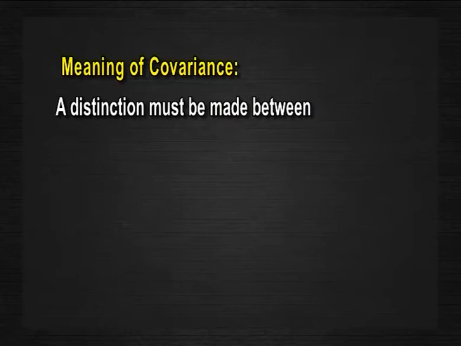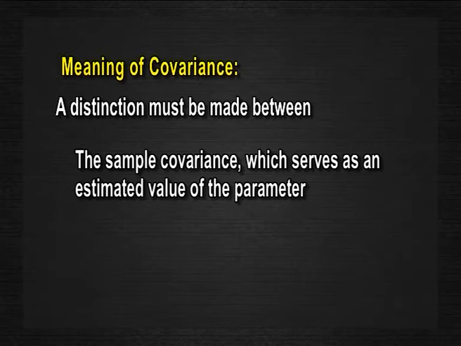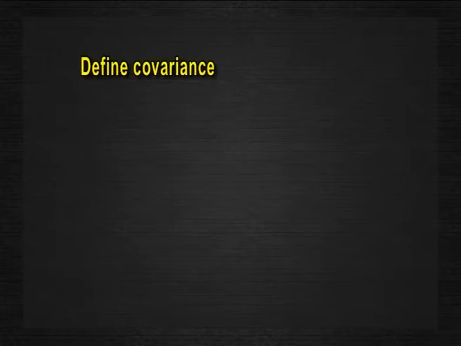A distinction must be made between the covariance of two random variables, which is a population parameter that can be seen as a property of the joint probability distribution, and the sample covariance, which serves as an estimated value of the parameter. Now, let us define covariance.